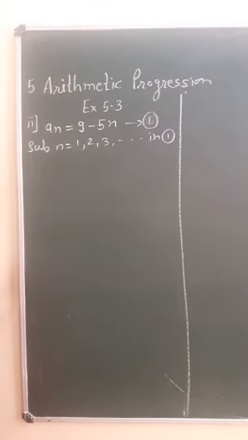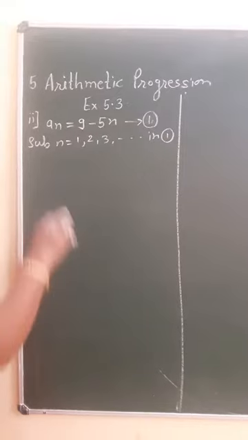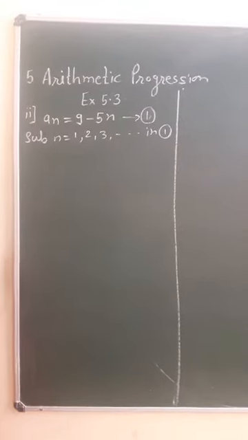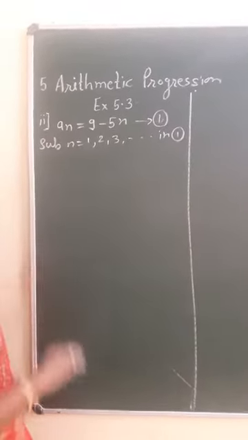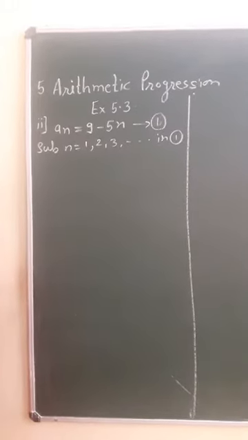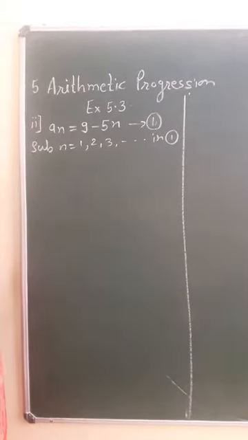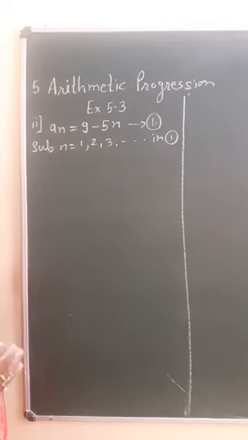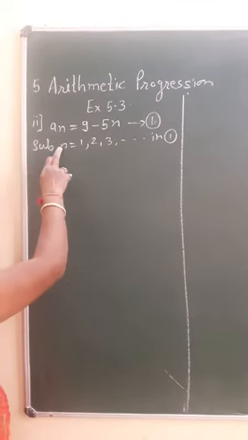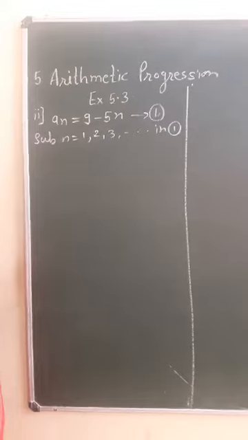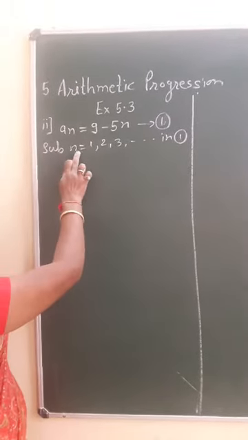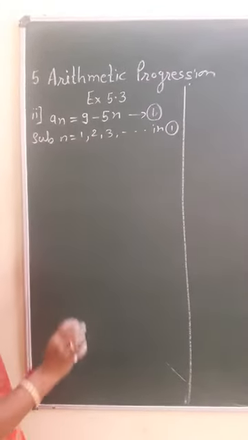Second problem, AN is equal to 9 minus 5n, meaning they have given the nth term in terms of n only. Again here also we have to check whether the following forms an AP or not, and then find S15, the sum of 15 terms. We follow the same way, that is, substitute n is equal to 1, 2, 3 in equation 1.